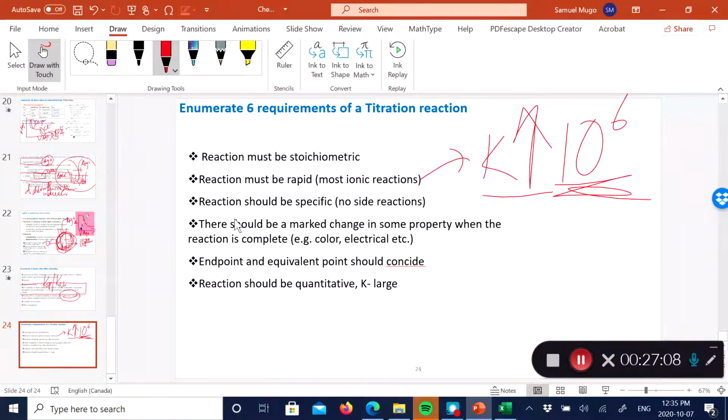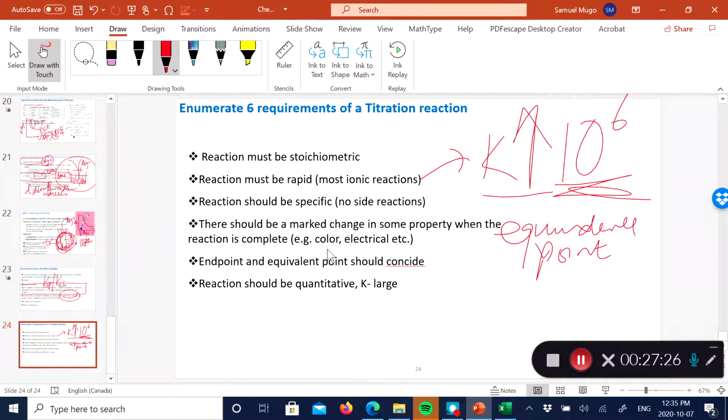Now you should be able to find a way of measuring the equivalence point. Very important. You need to know at what point you have consumed all your reactant, and that's what you call the equivalence point.